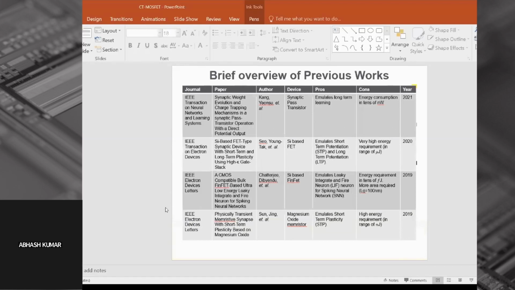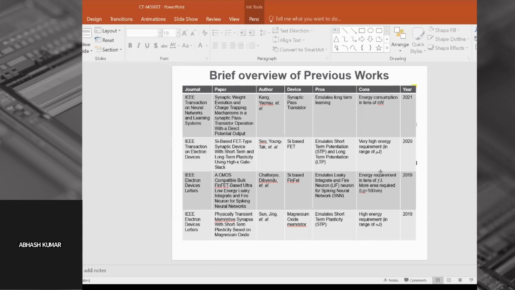Here is a brief overview of the previous work. The problem with previous neuromorphic hardware is that it consumes a large amount of energy. The human nerve cell consumes only a few femtojoules of energy per spike, but for most previously proposed architectures the energy consumption is quite high, and this is for a single spike.